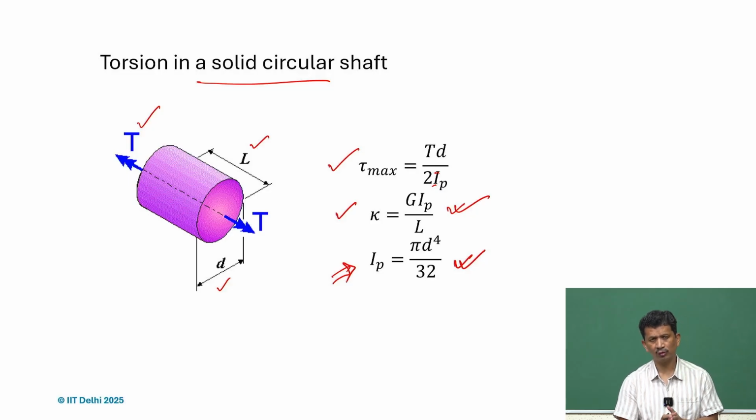This holds true for the circular cross section. If it's not circular, we have to refer to the text and use it accordingly.